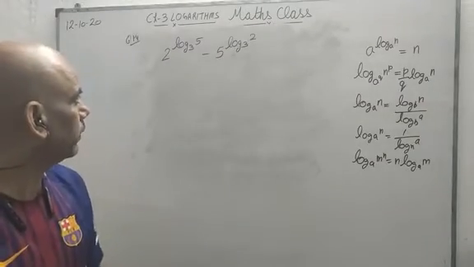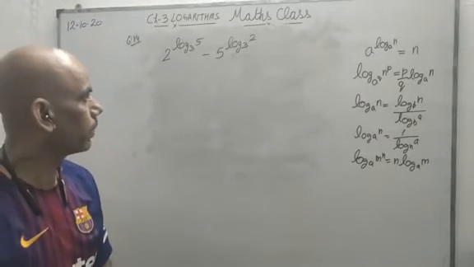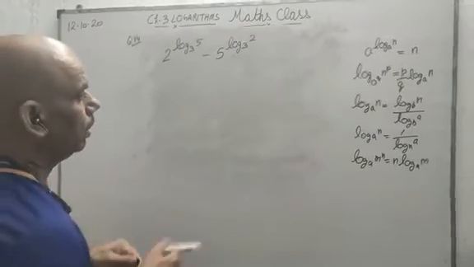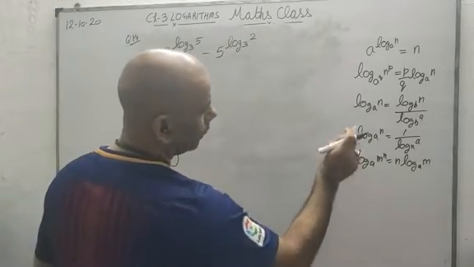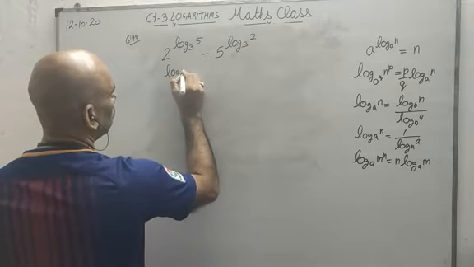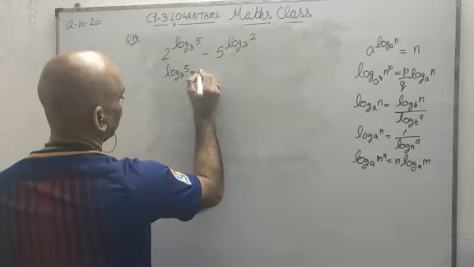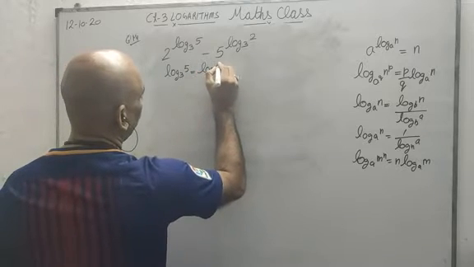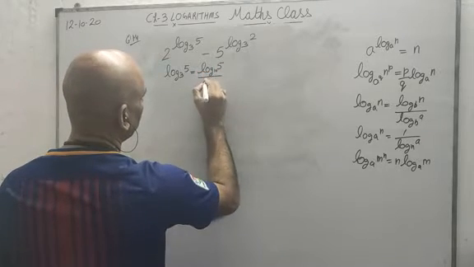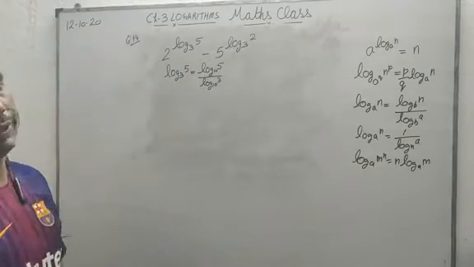I should create something which has the base 2. And how will I create that? Look, by this law, log 5 base 3 can be written as log 5 base 10 and log 3 base 10. We have created a new base.